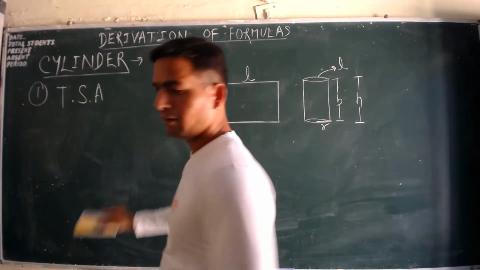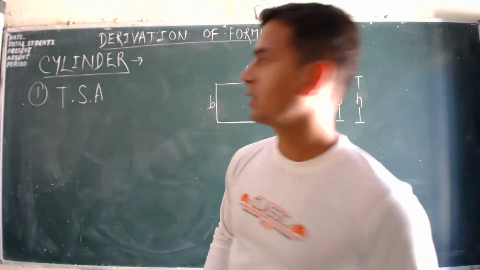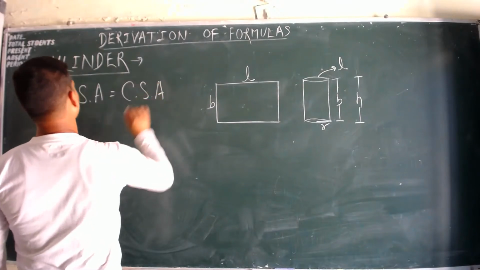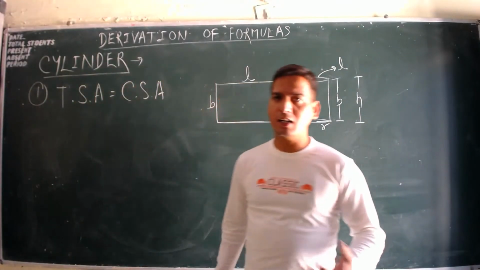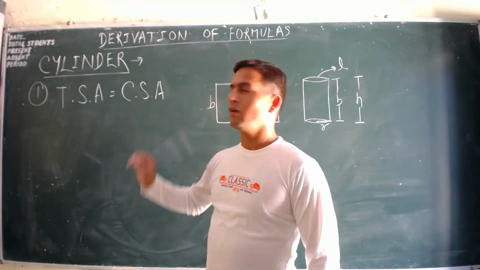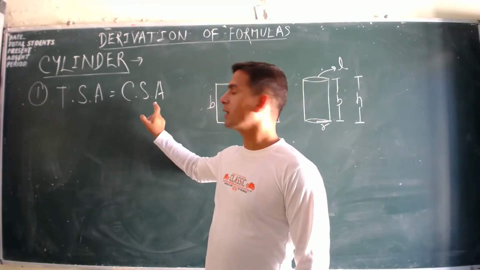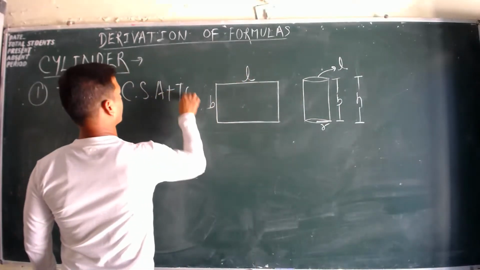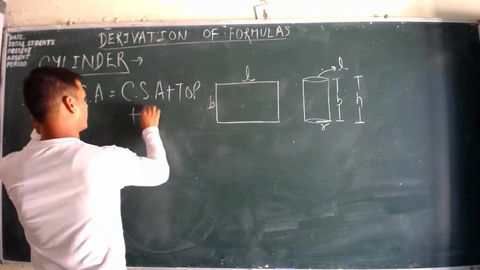Look, total surface area means complete surface area. Curved surface area is the surface area excluding top and bottom. Now total surface area will be got by curved surface area plus top surface plus bottom surface. You can say base.